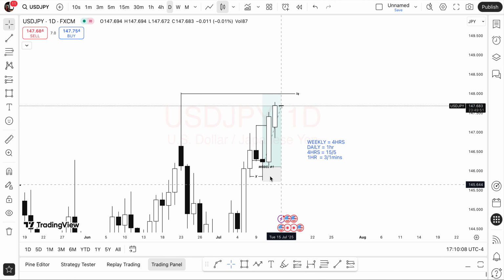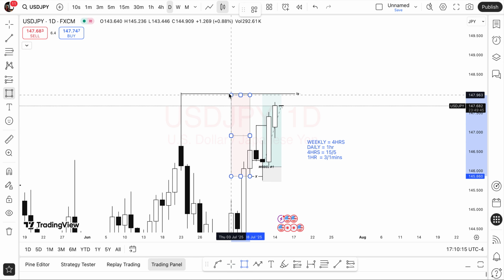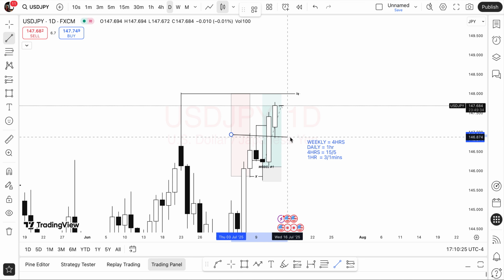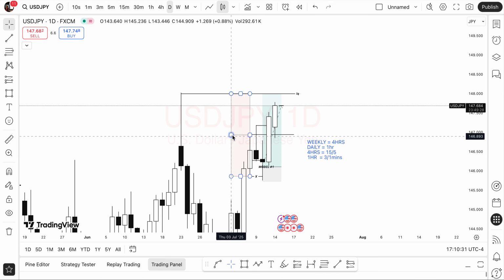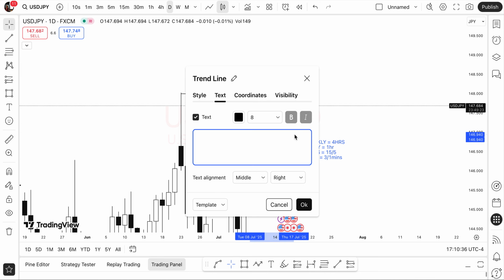So that should be your target, right? But then if we are using that to be our target, let's measure between here, which was our low, and our high here, and then 50% of it is here. So that's our 50%, so our first TP should be here.